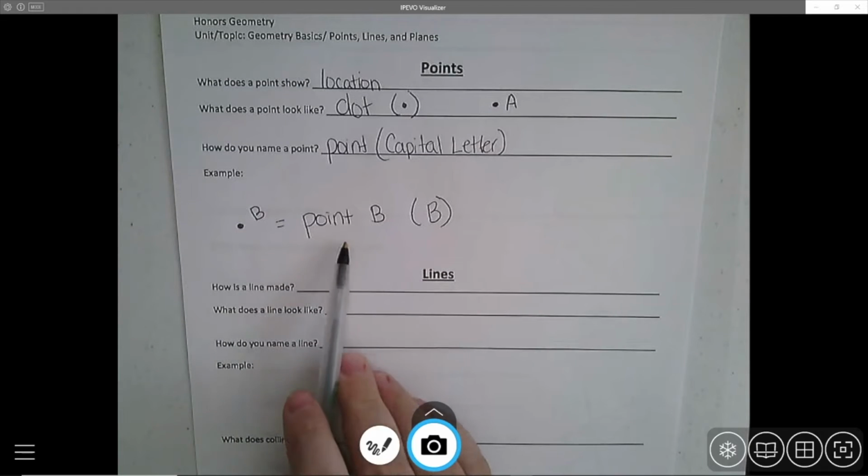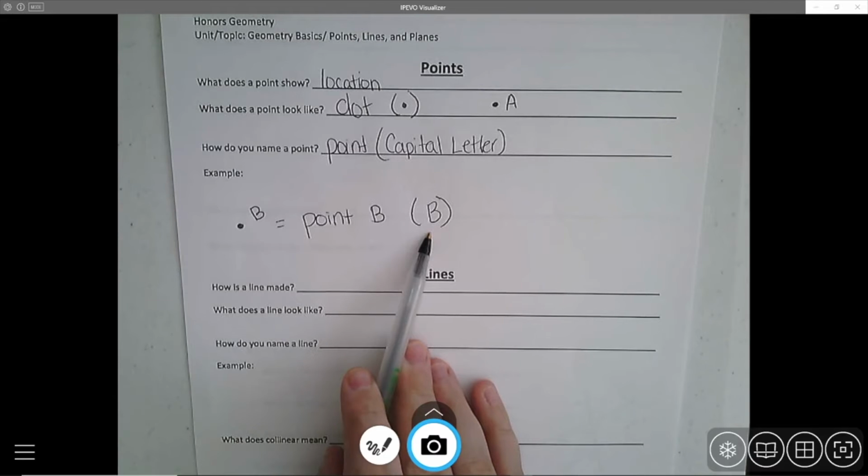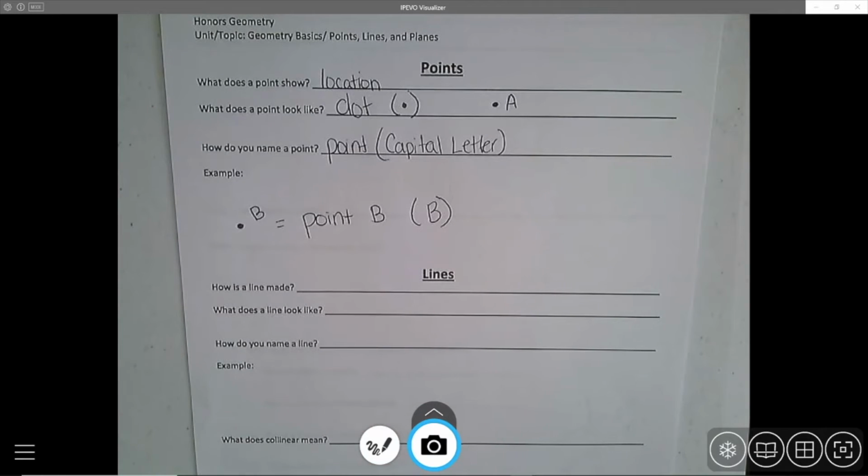But 99% of the time, you see it written like this. Sometimes you will see it like this, especially when we get into shapes and they talk about the points that make the corners of the shape. They will not do point this, point this, point this, point this. They'll just do the shape and then name all the points side by side. We will see that later on when we get into triangles to start.